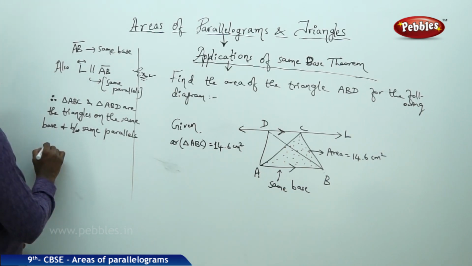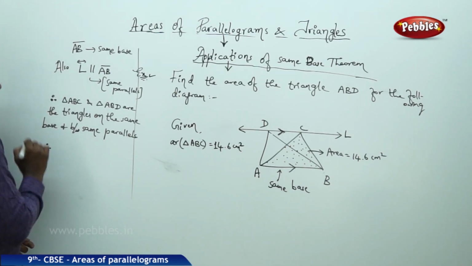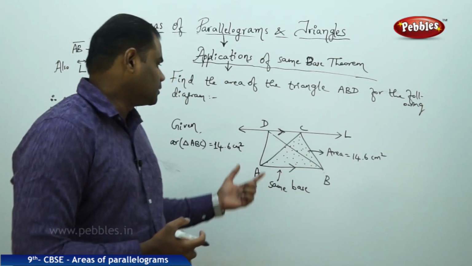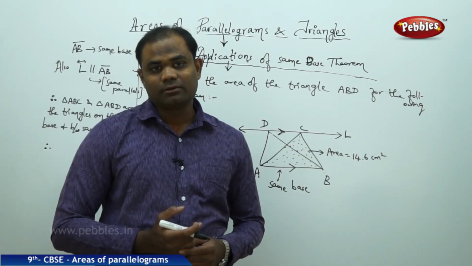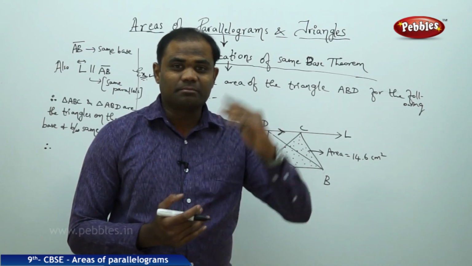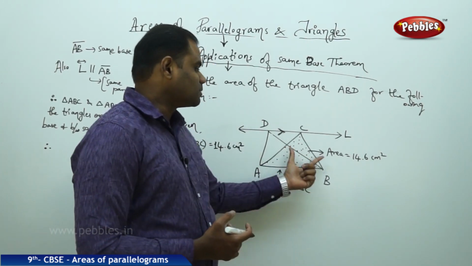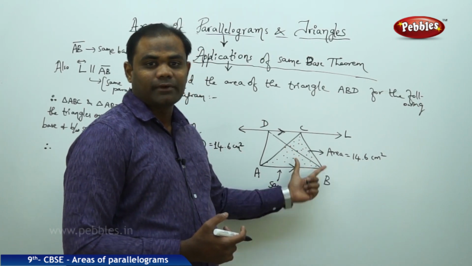Therefore, by same base theorem, we have area of triangles are equal. Triangles on the same base and between same parallels are equal in area. Therefore, area of this triangle must be equal to area of the second triangle.